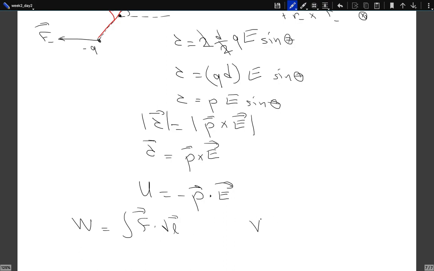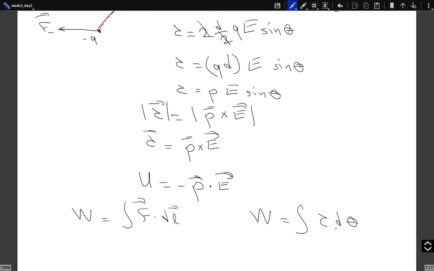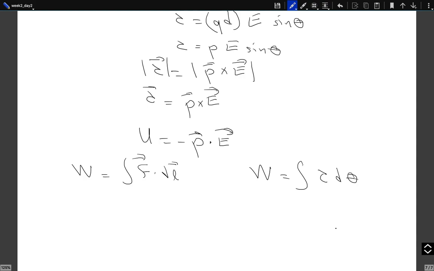In this case, torque times d theta. Because what force is in the case of rotation, the torque is the analog, and the analog of the displacement is the change in the angle.